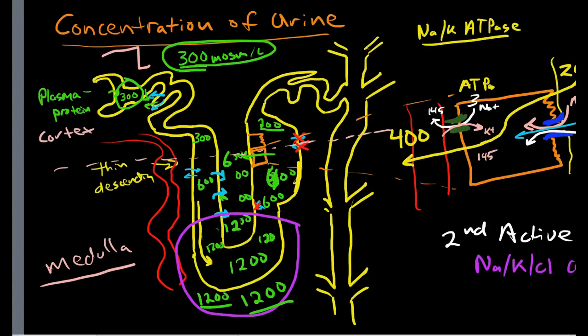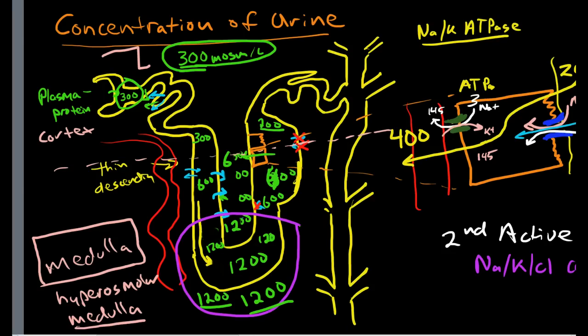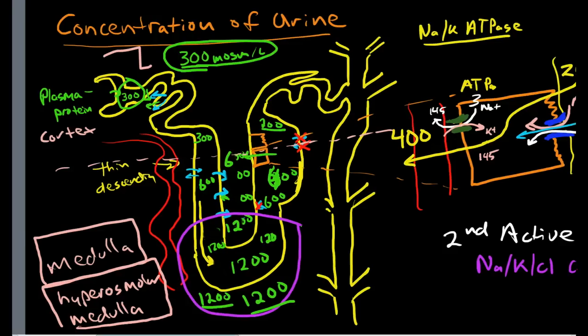So it is typical for our kidneys to have a hyperosmolar medulla. And it is all because of what's called the countercurrent mechanism of the loop of Henle, which is what I just described. Now, why does this help with concentration of urine?